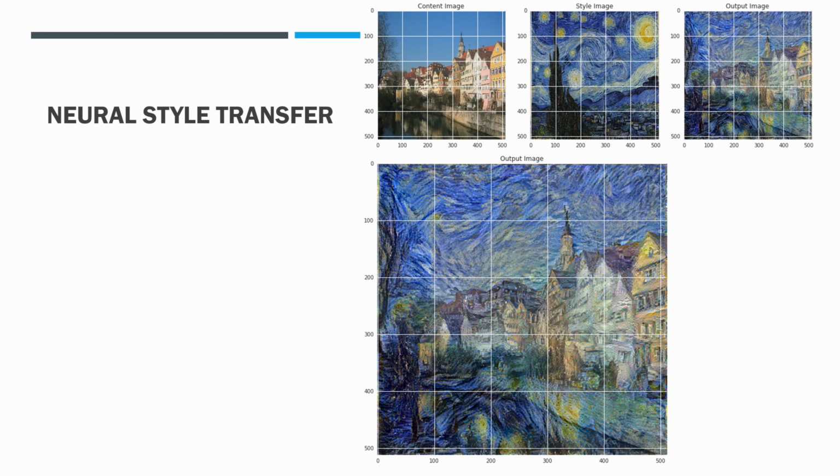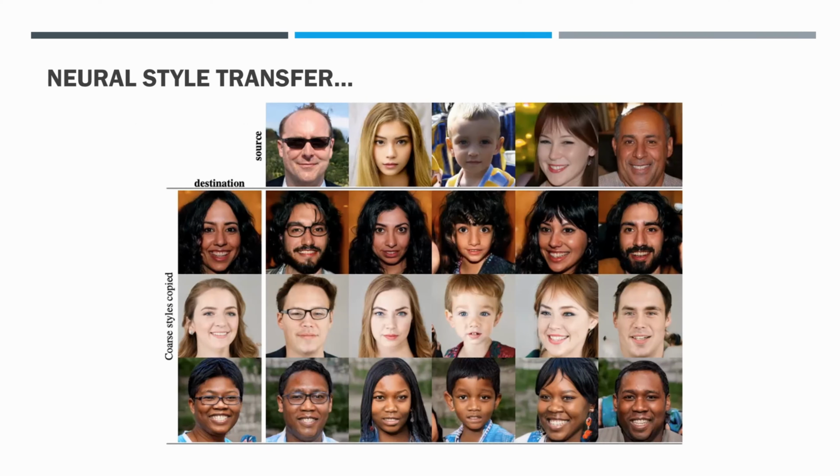Now this sort of model, although we call it neural style transfer, is not limited to artistic images like you see here. So what else can it do? It can do things like this as well.